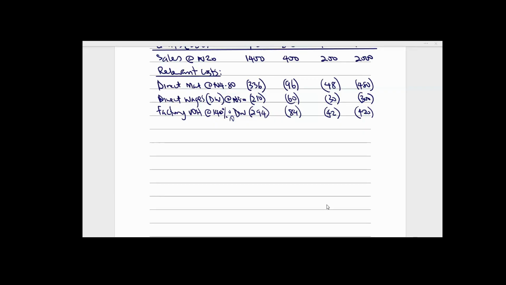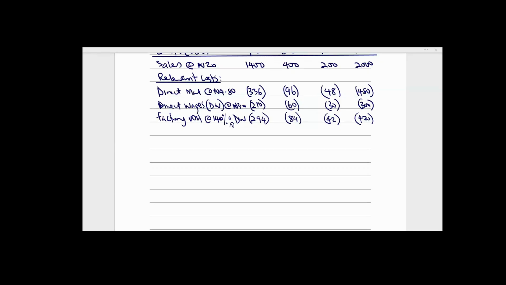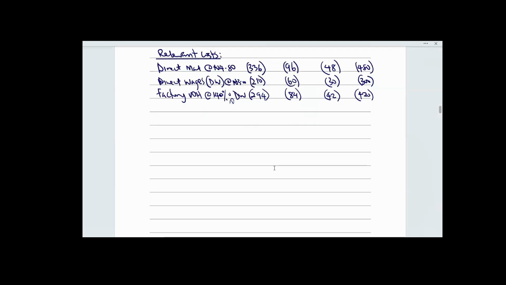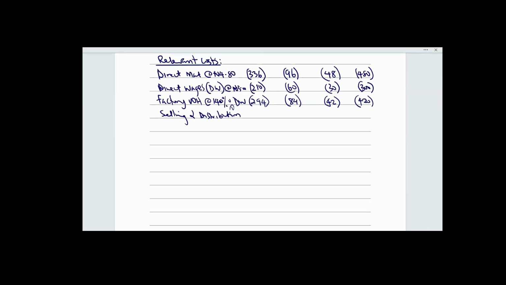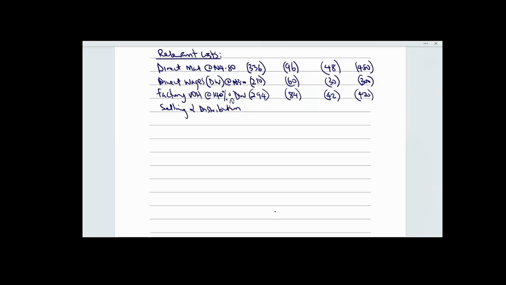Let's go back again in case we have other relevant costs. We're also told that the cost of selling and distribution incurred by the depots are estimated as follows. Selling and distribution expenses are relevant costs, so we should consider them.